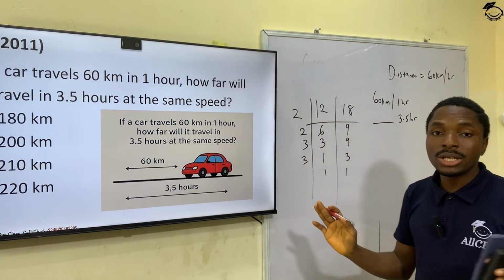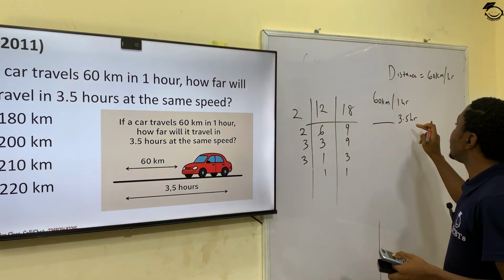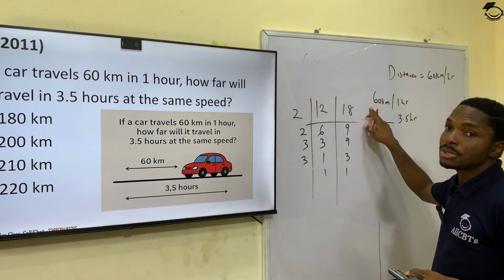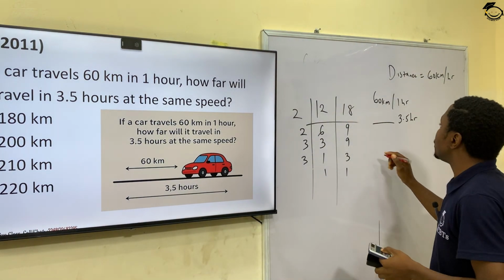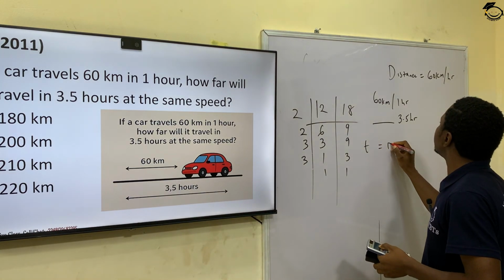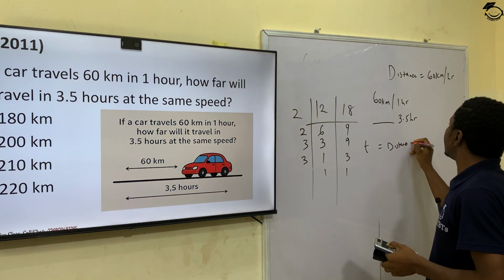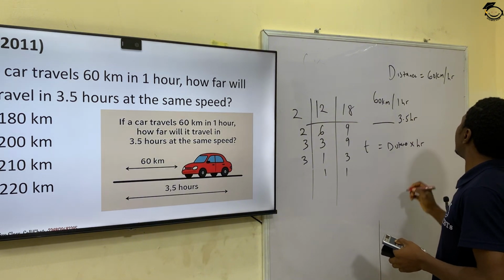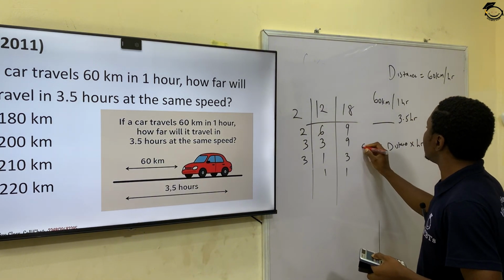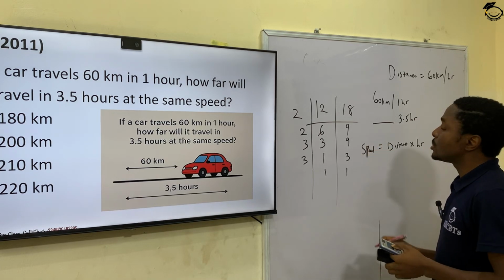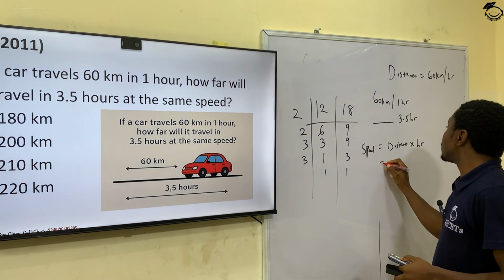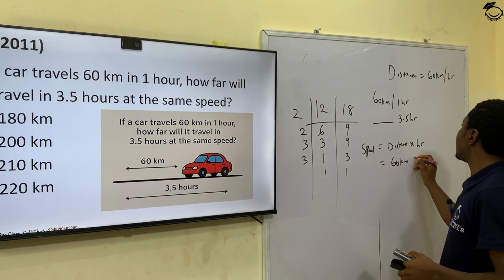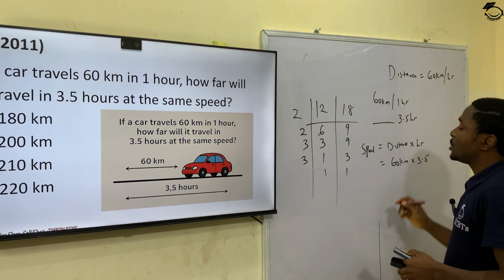The simplest way to do this is just to multiply your hour times your distance. So distance is equal to speed times time, which is what? 60 km times 3.5.